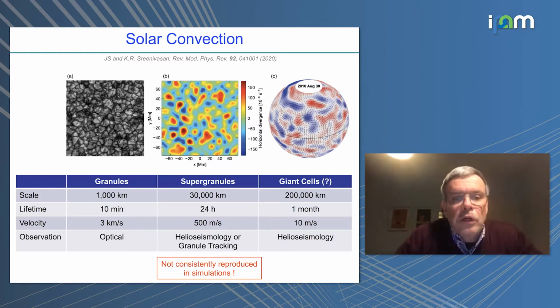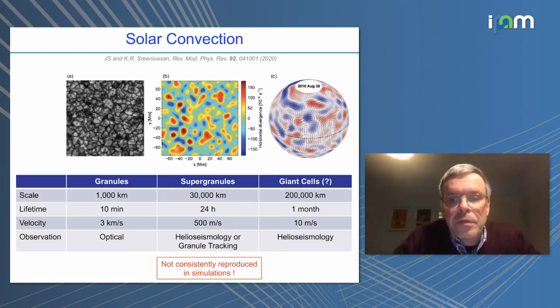That is followed in the hierarchy by the giant cells, which are supposed to be stretched out over the whole convection zone with a depth of about 200,000 kilometers. Very long-living objects, about 1 month, and a very small characteristic velocity of 10 meters per second.